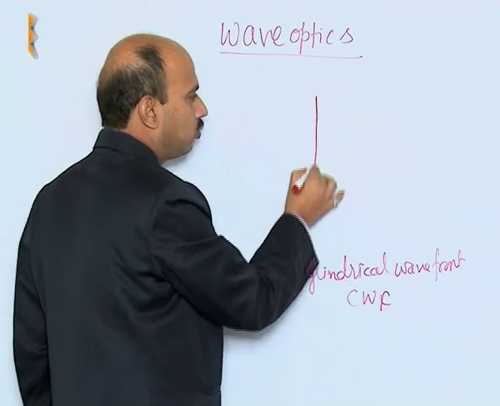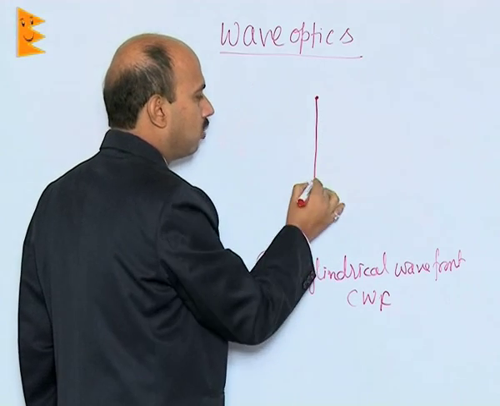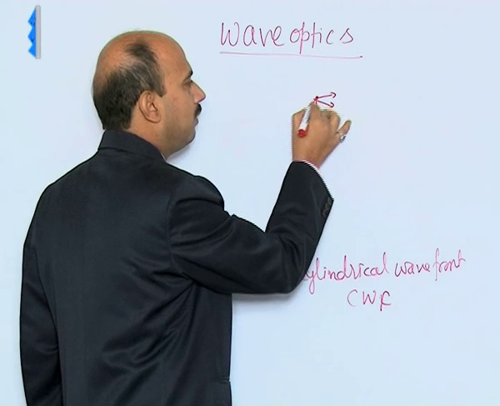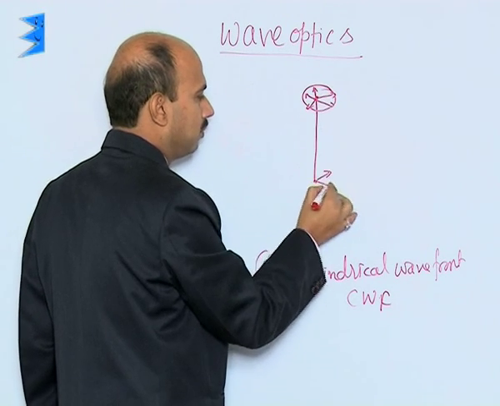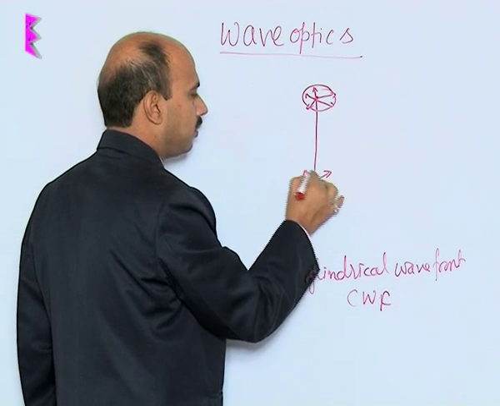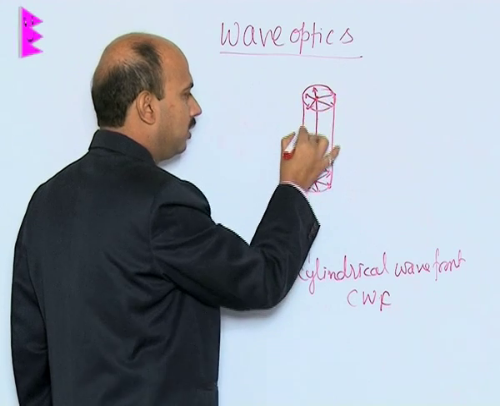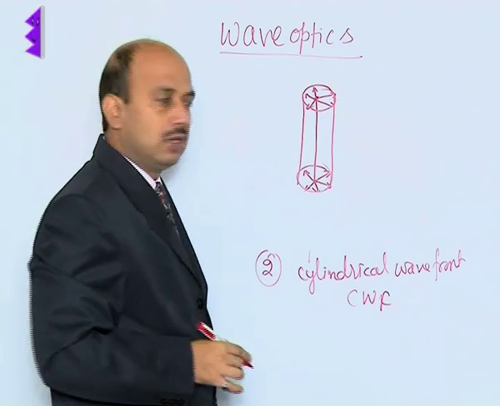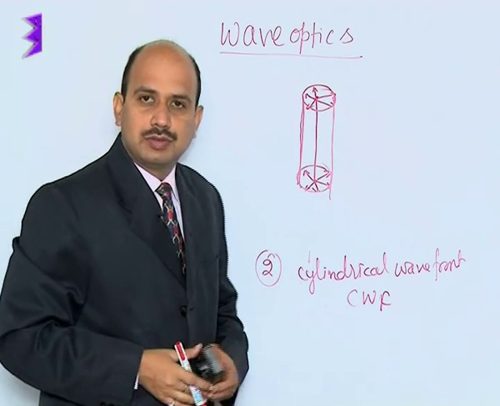There is a linear source of light. Every point of this source acts as a new source of disturbances. If you draw the wavefront at this point, it is actually spherical like this. So, by taking different points you draw the spherical wavefronts and join their tangent. This one is known as the cylindrical wavefront.